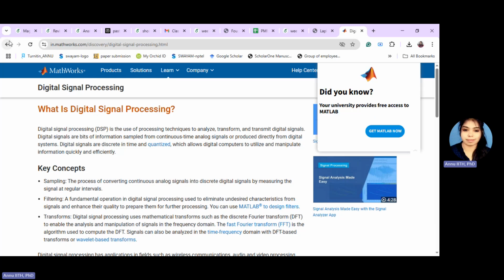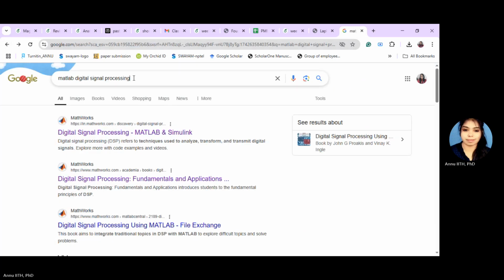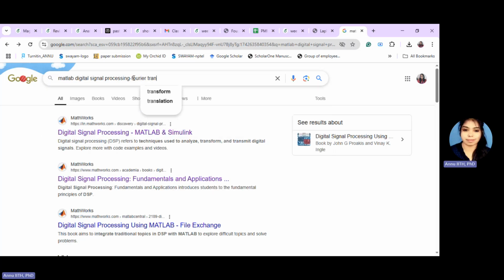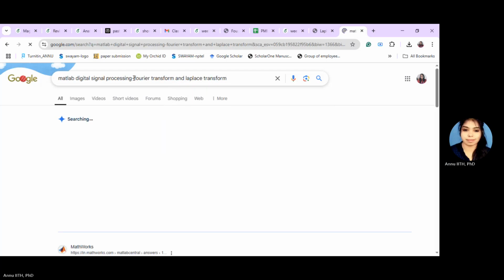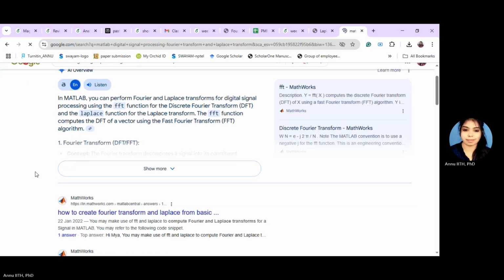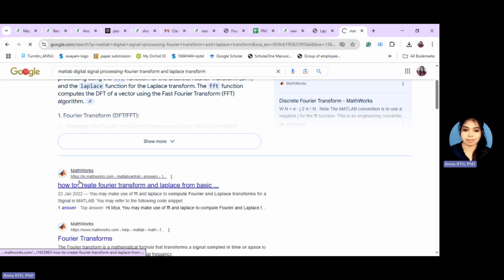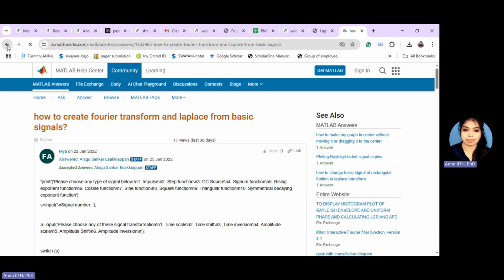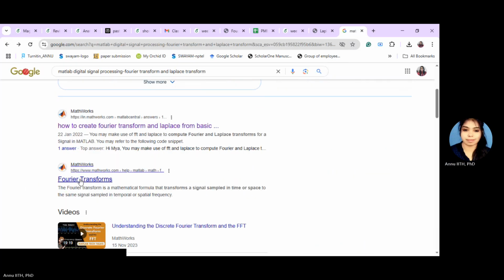So let me Fourier transform. So these are some support that you can use.